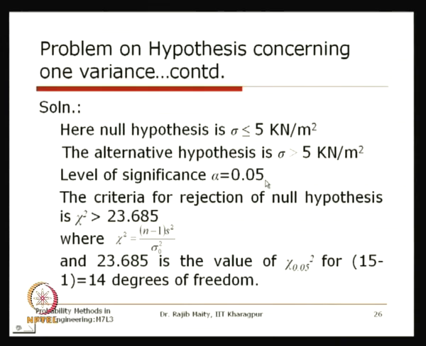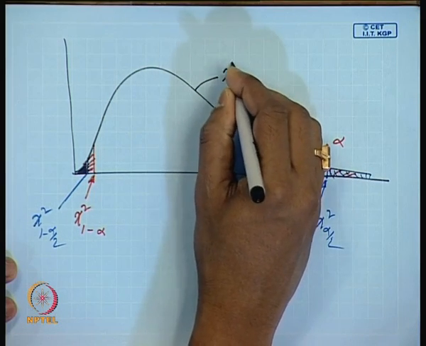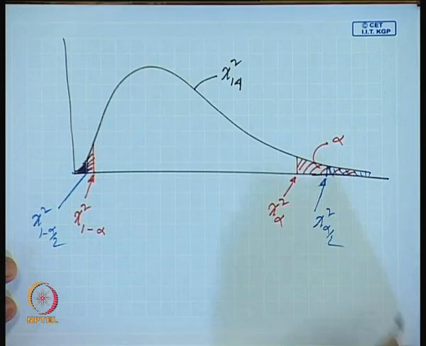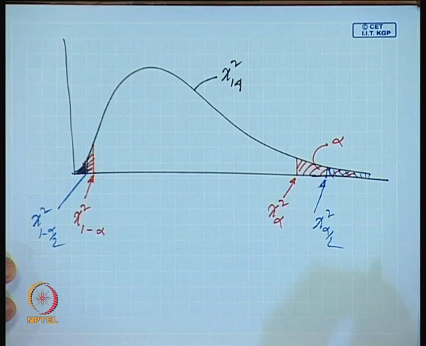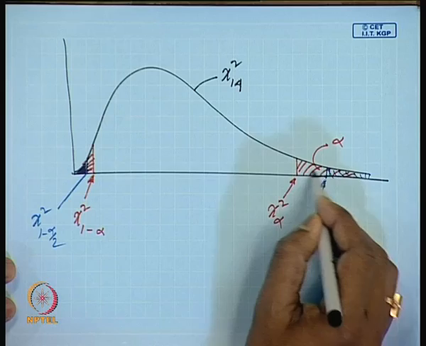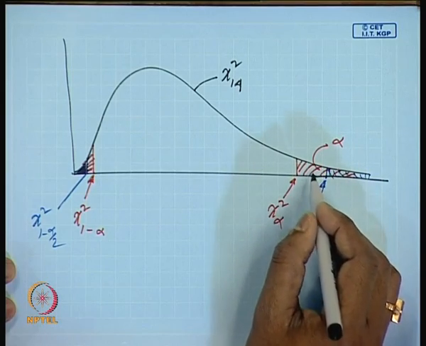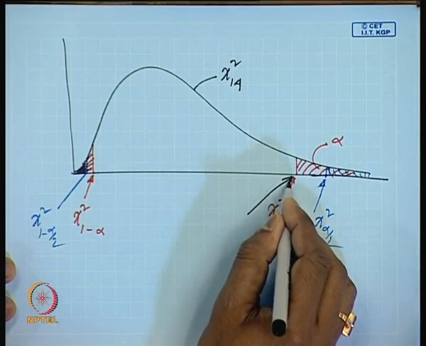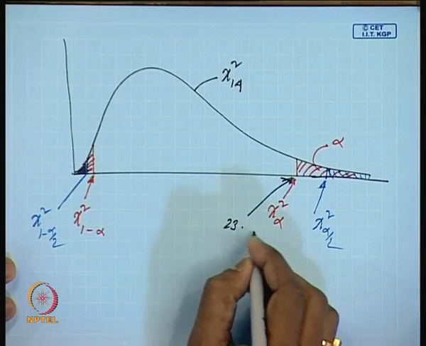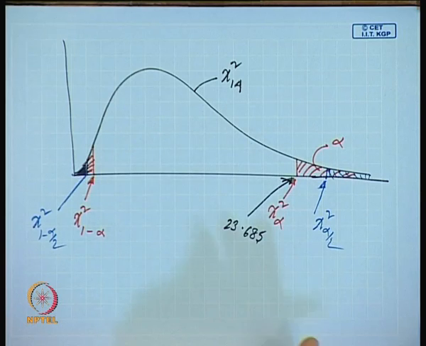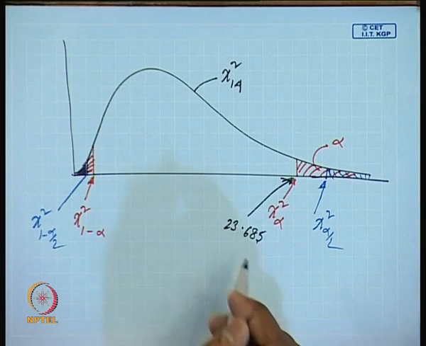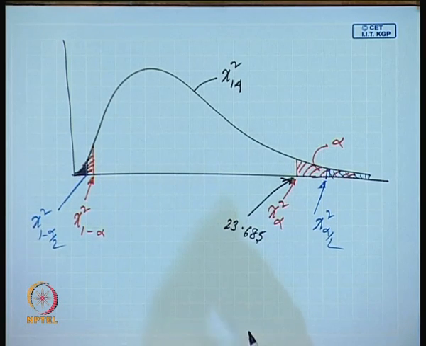So, if this is the chi-square distribution with 14 degrees of freedom, and this red area is your 0.05, then this value is 23.685, which you can get from any standard textbook. These chi-square tables are given there.